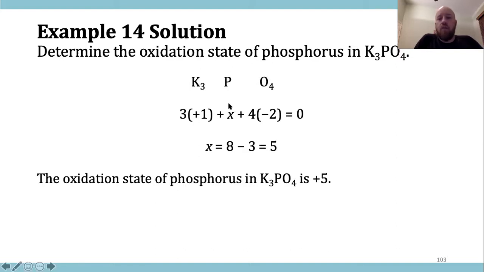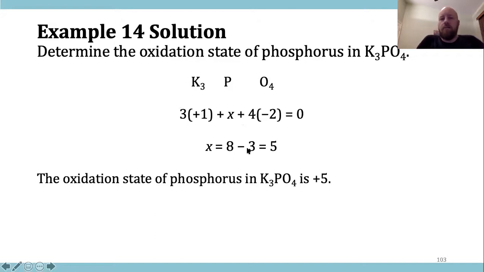We don't know what the phosphorus is, but the sum of the charges has to add up to 0, and oxygen is -2, but there's 4 of them. This is how I would have set it up before. There are 3 potassiums, so you have to group everything together. You get your -8 and your +3.